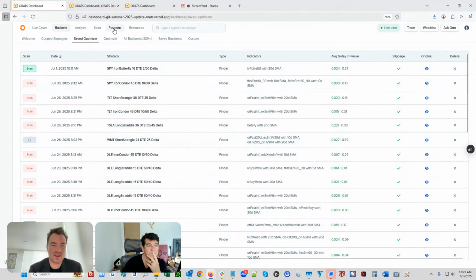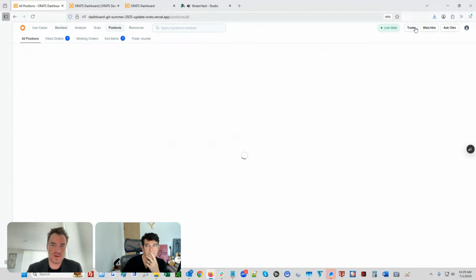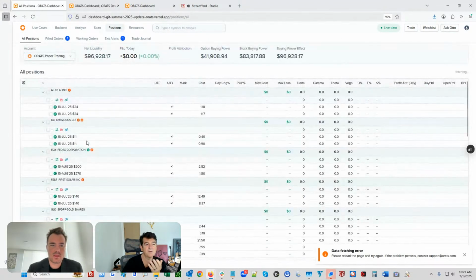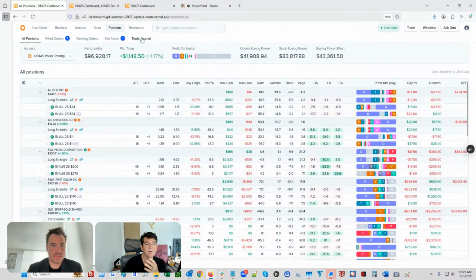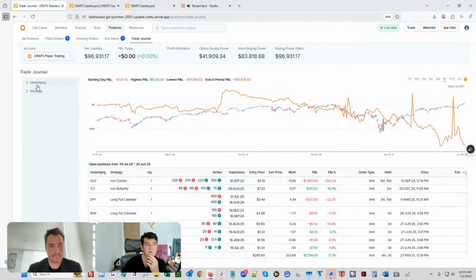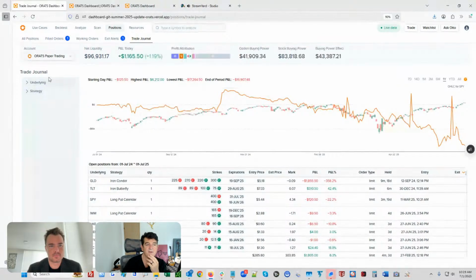Auto is also getting a lot of improvements. So Matt, if you go and click the Ask Auto button. Yeah, and I also wanted to show that we have a trade journal where you're going to be able to monitor the strategies that you've tested. This is all helping with that review process.